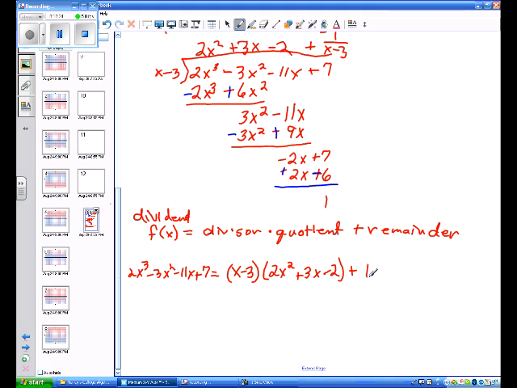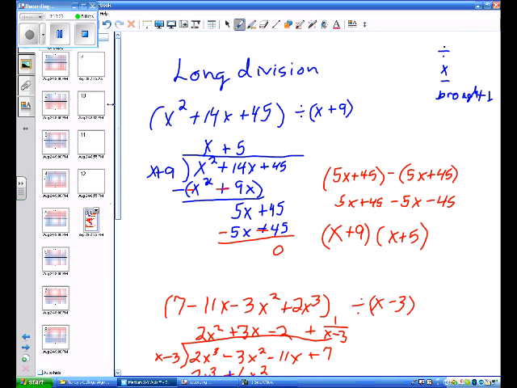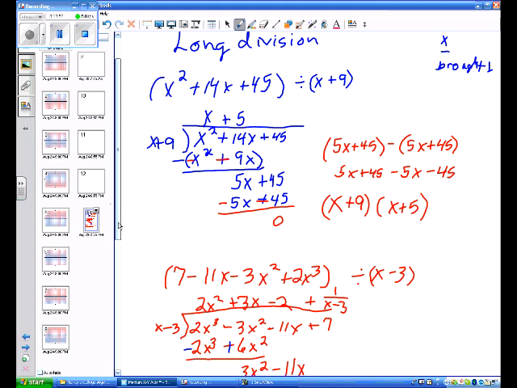Now, if it divides evenly, like the previous one that we did, then it means that both the divisor and the quotient were factors of the dividend, or our function.